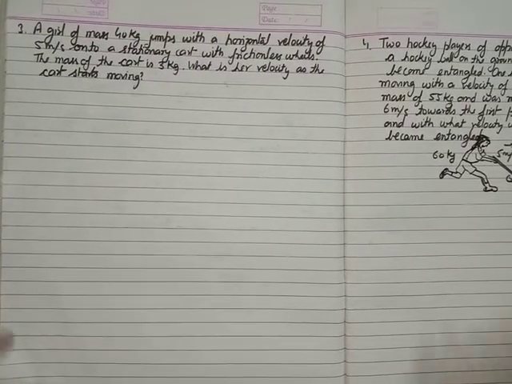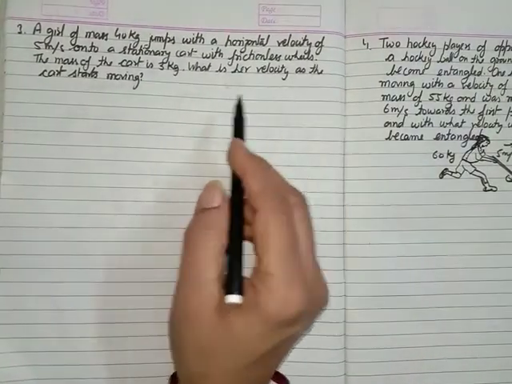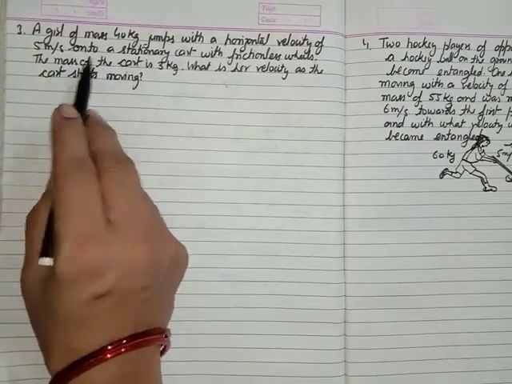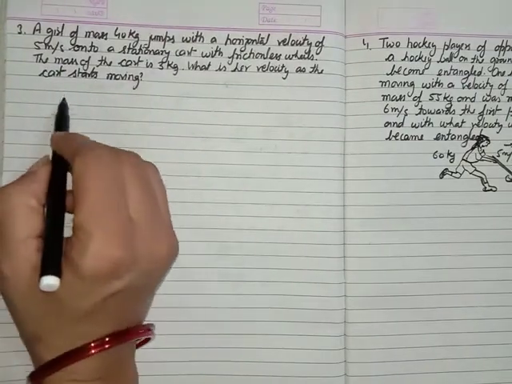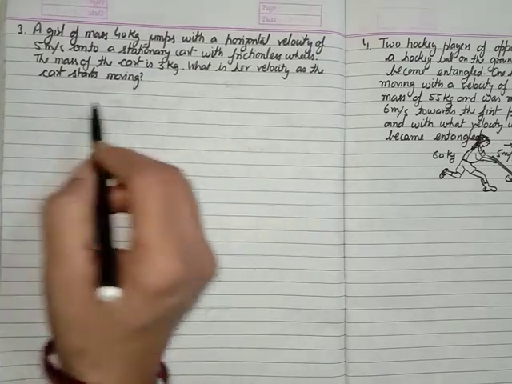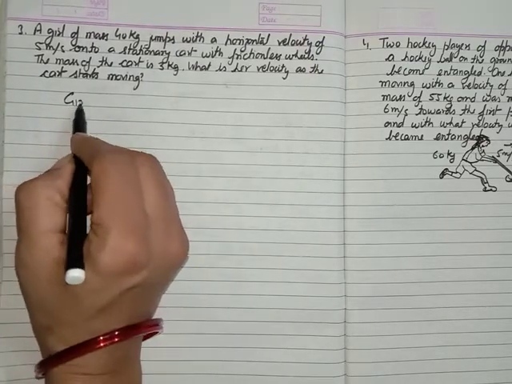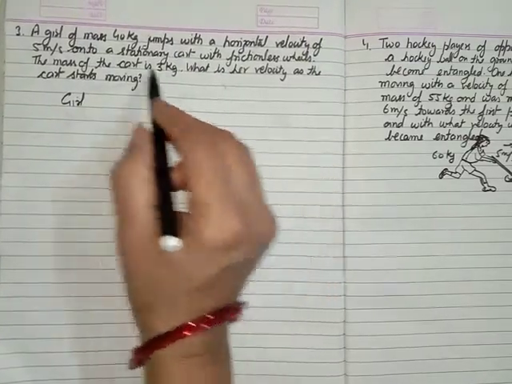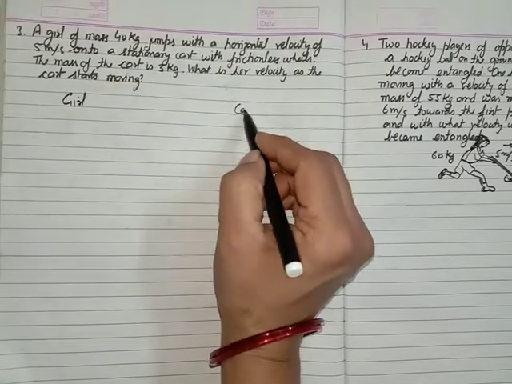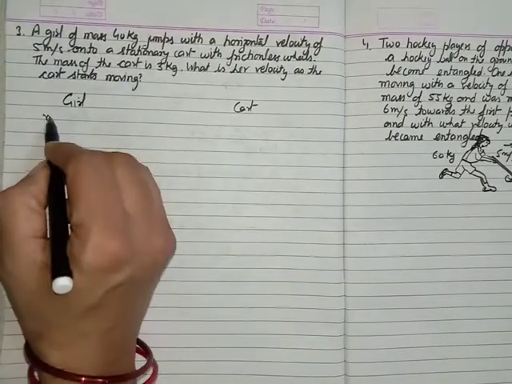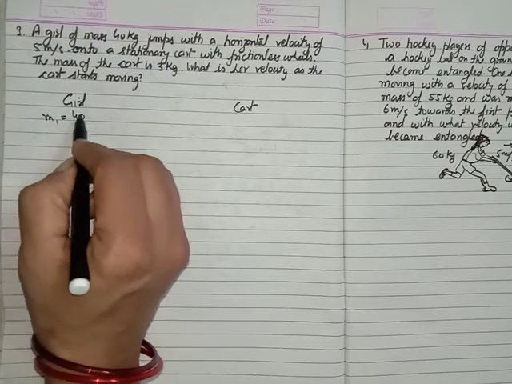Now the third question. A girl of mass 40 kg jumps with a horizontal velocity of 5 meter per second onto a stationary cart. So I am preparing two columns, one for the girl and another for the cart. M1, the mass of the girl, is 40 kg.